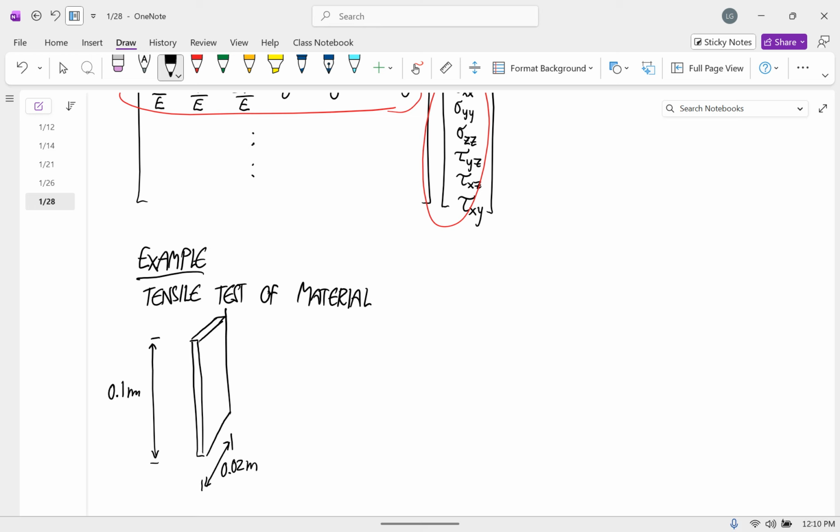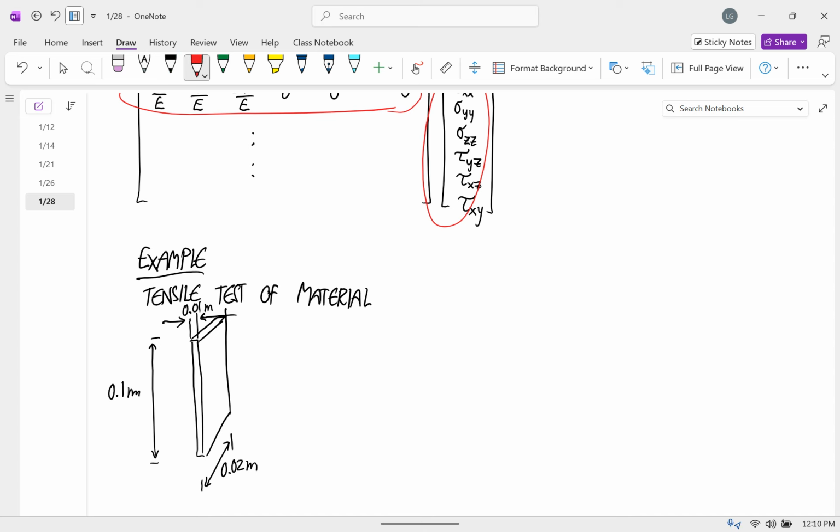And then 0.02, that looks right. And then this one that definitely is not drawn to scale. Let's say that this thickness is 0.01, so 1 centimeter. Okay, so that's the sample piece that we're going to put in the mechanical testing machine.